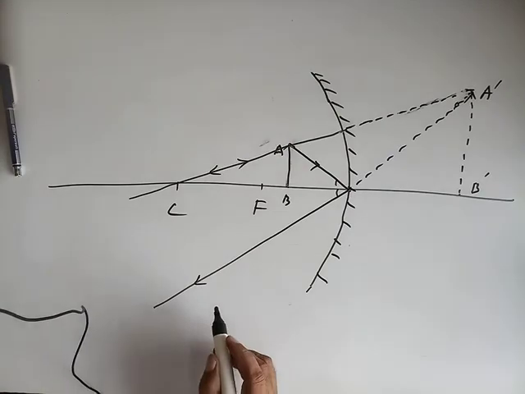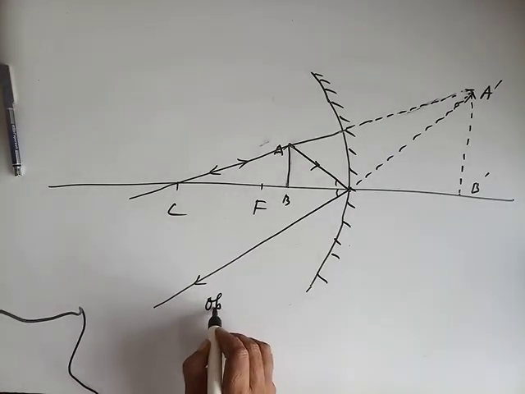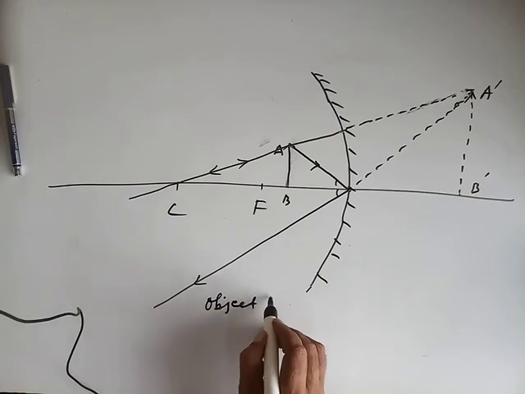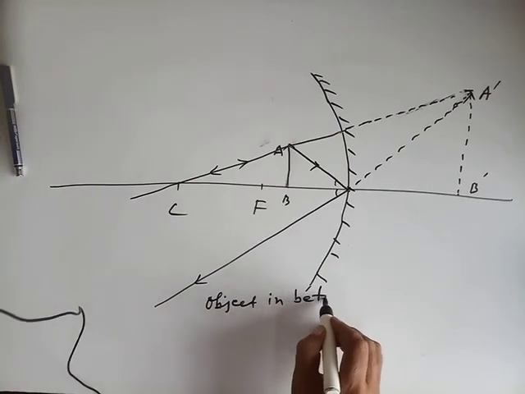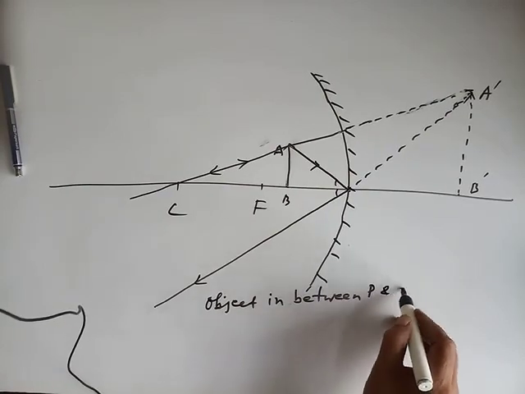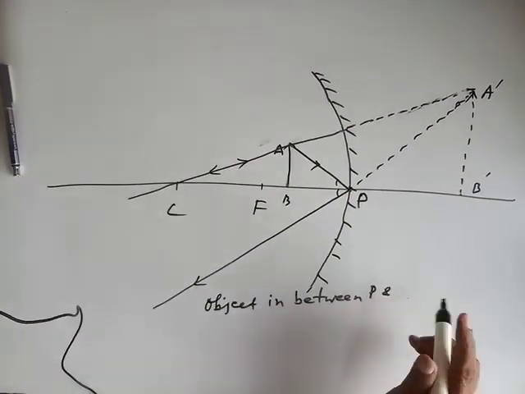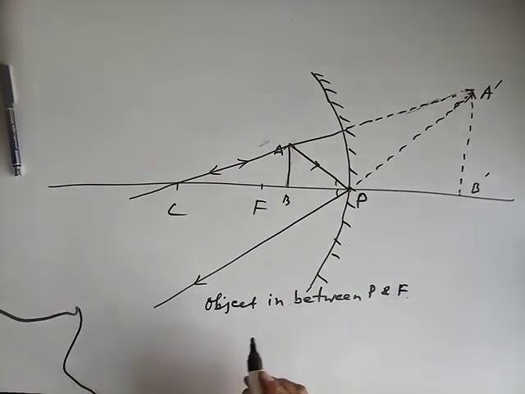So now here, object in between P and F. P means pole and F means focus.